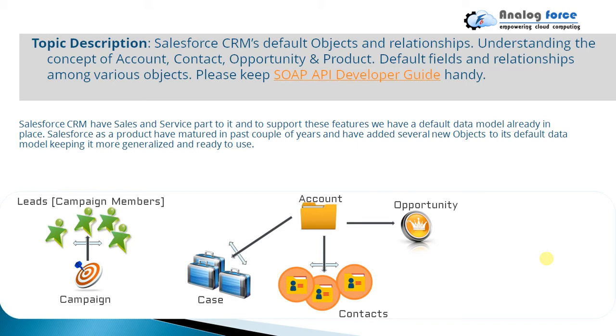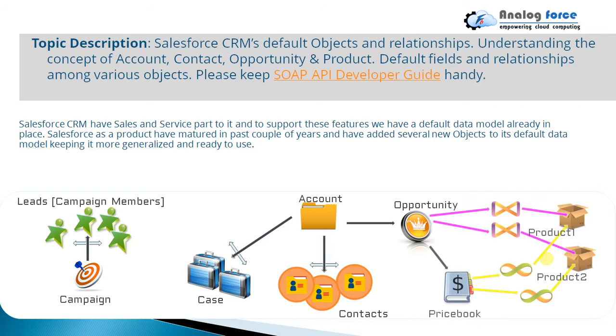On the sales side, an account can have a couple of opportunities. Opportunity is nothing but a deal, like a product which we are trying to sell to a particular person or a particular company, and these have their own detailed relationships.